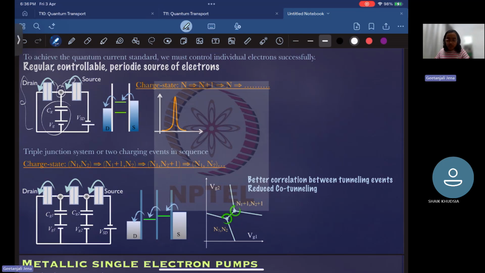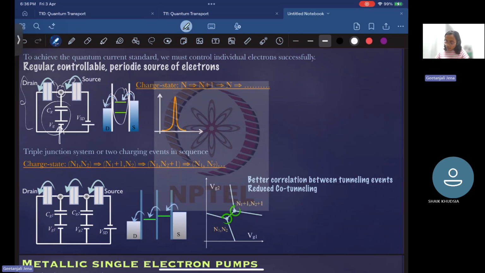If we are in the low bias regime, then there won't be any current and there won't be any tunneling. But if you increase this gate voltage, that means you are changing the Fermi level of this quantum dot, then it's possible to tunnel the electron from the source side to the quantum dot, and from the quantum dot to the drain side.